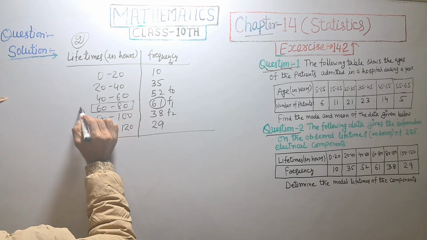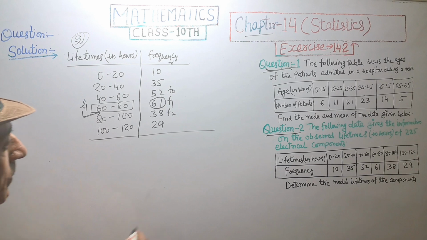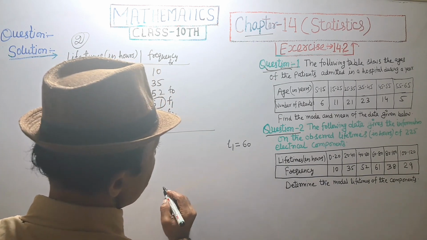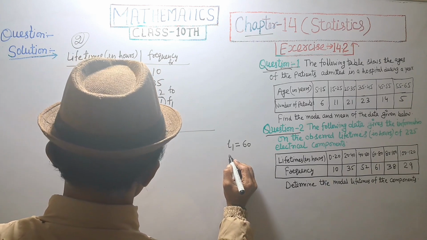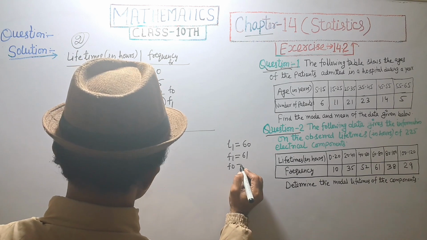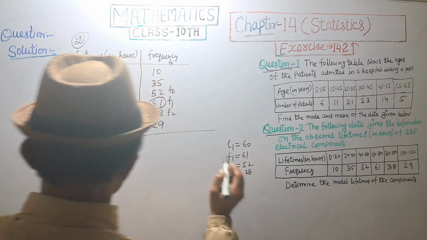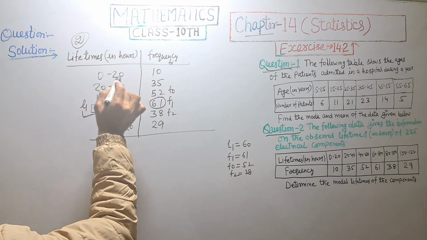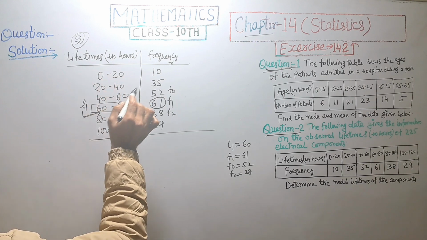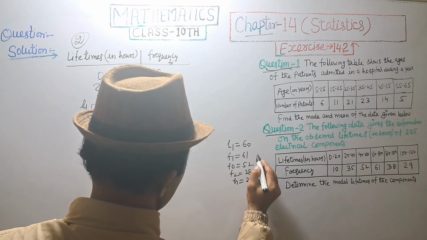And in this class interval l1 is equal to 60. F1 is equal to 61, f0 is equal to 52, f2 is equal to 38, and the difference between the class intervals, 0 to 20 equal to 20, 20 to 40 that will be 20, so h is equal to 20.